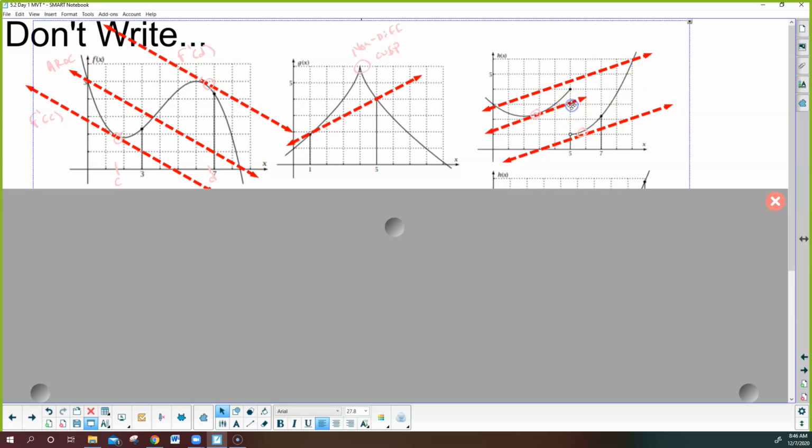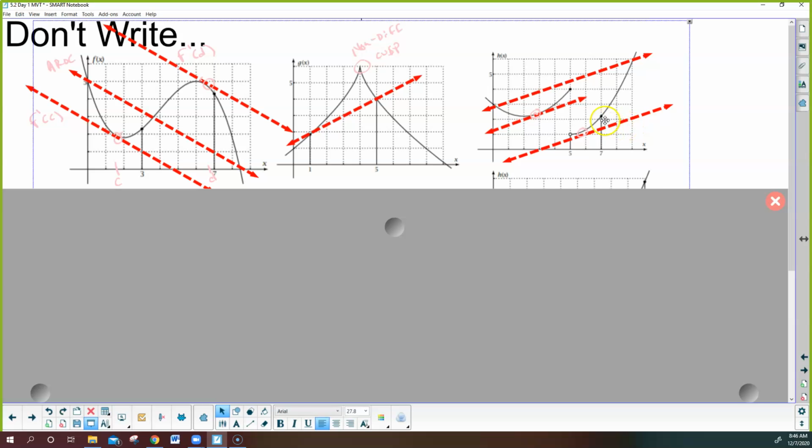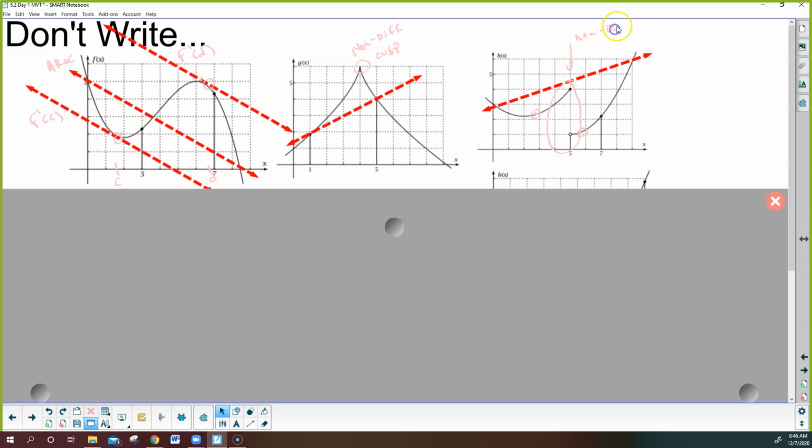And if you have a non-continuous point, we cannot guarantee that these tangent lines do or do not exist. Graphically, we saw that, but right here, this graph is non-differentiable, and the reason why is because it's discontinuous.